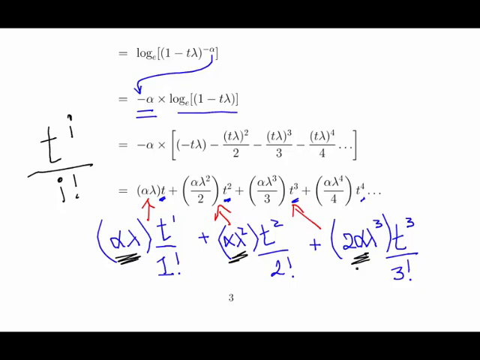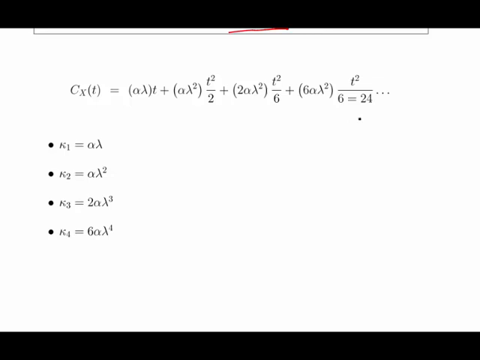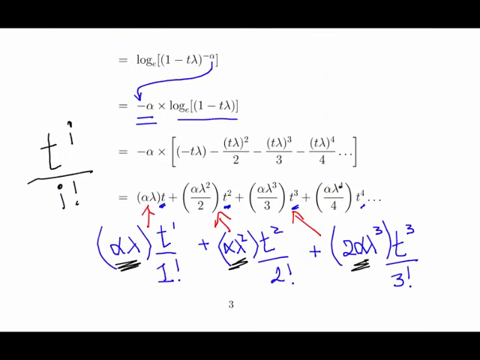And the fourth one will be 6 alpha lambda to the power of 4. That's just a typo. So essentially if I was to simplify this expression here, that's what I get. That's the gist of it.